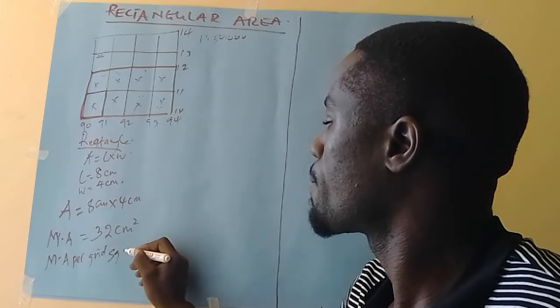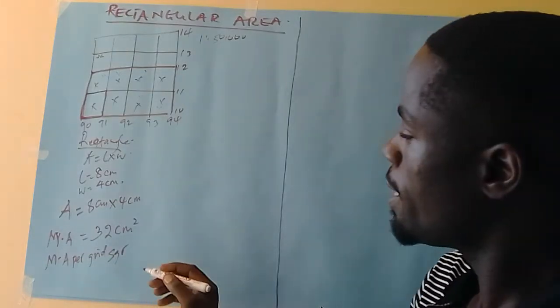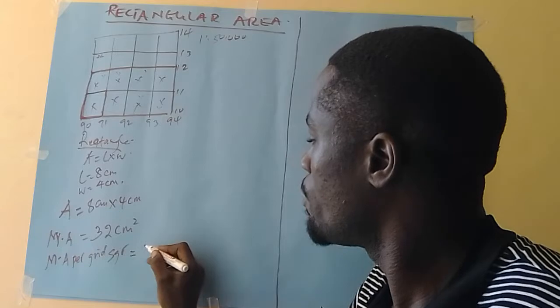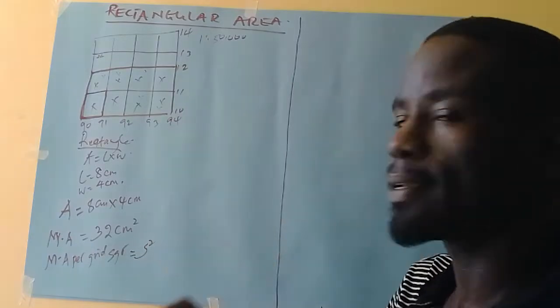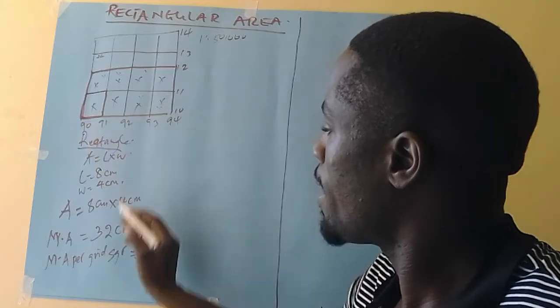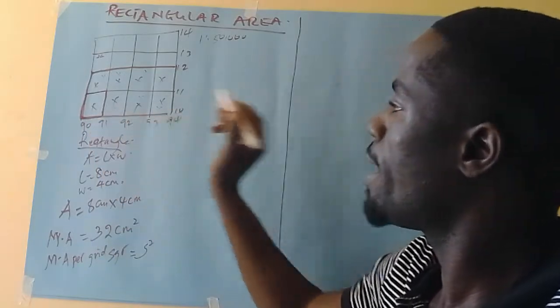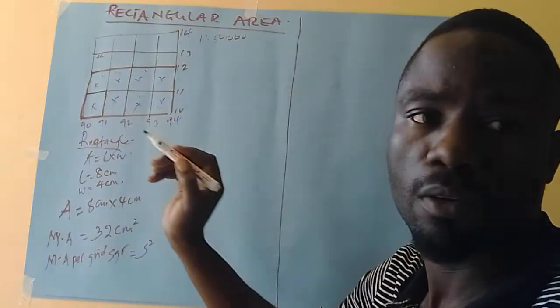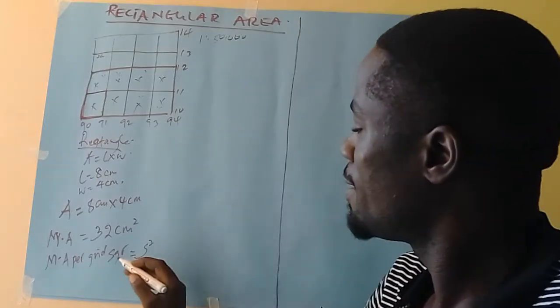We know that the area of a square is S squared. Now, what is the side of a square? We have known that the side of a square is 2 centimeters. I've told you that in most cases it is 2 centimeters.